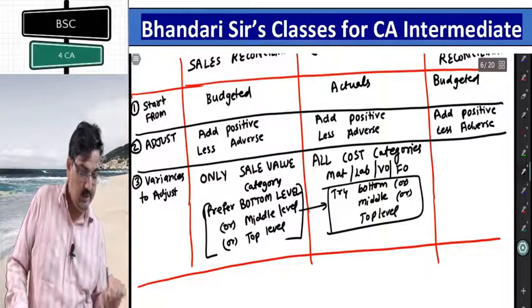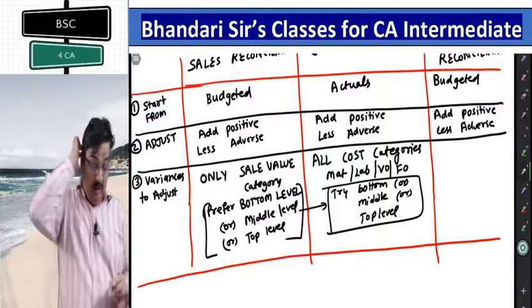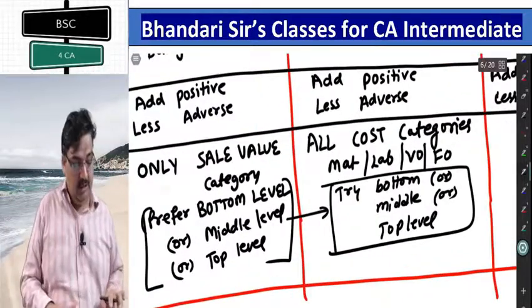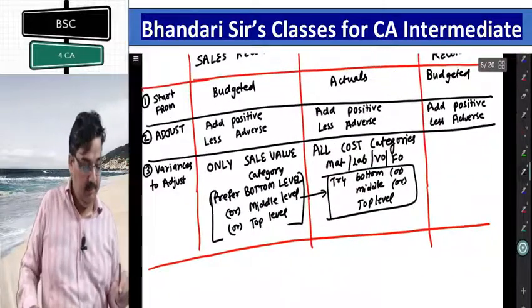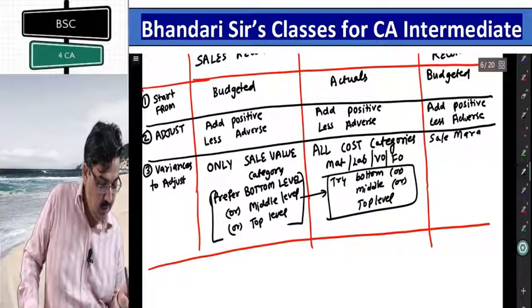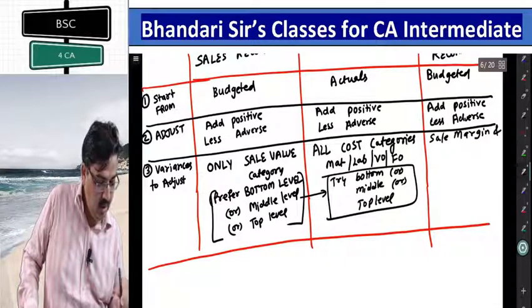No duplicacies. In profit reconciliation, which categories will come? Sale margin and cost categories. All cost categories.